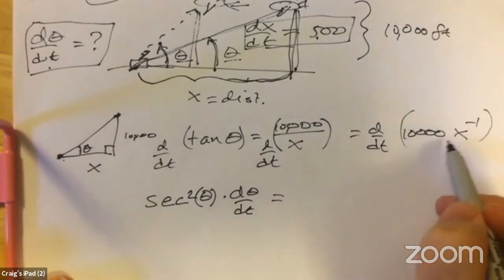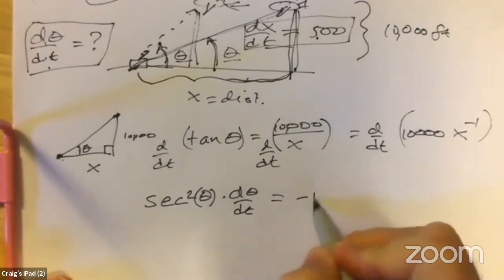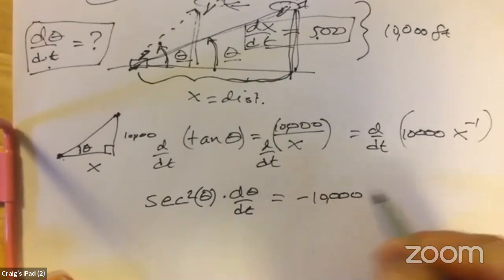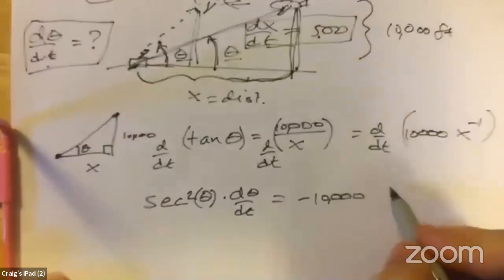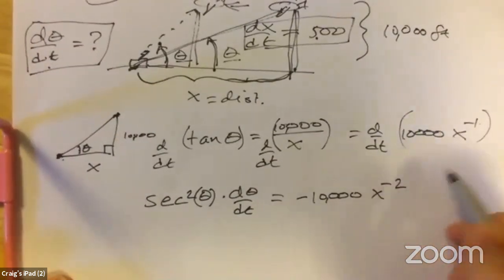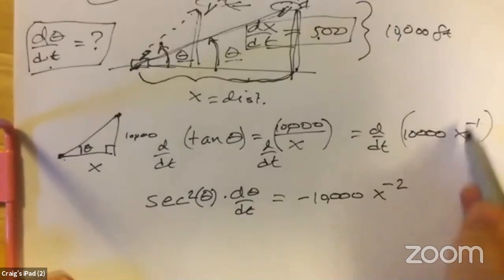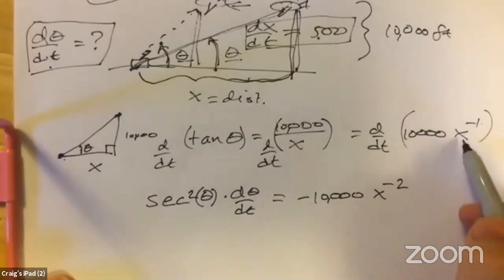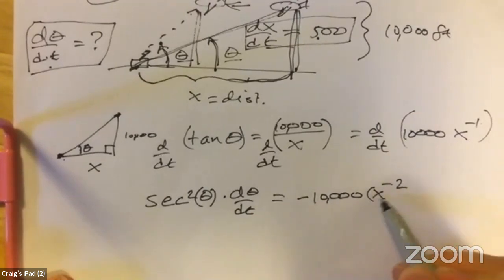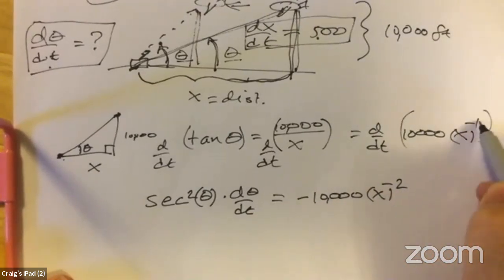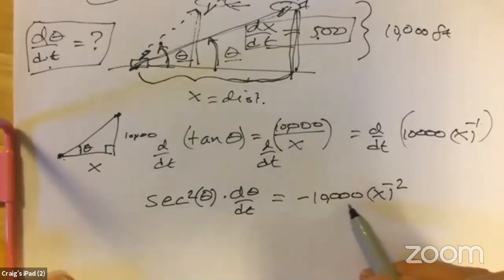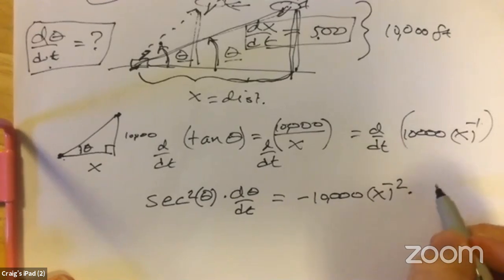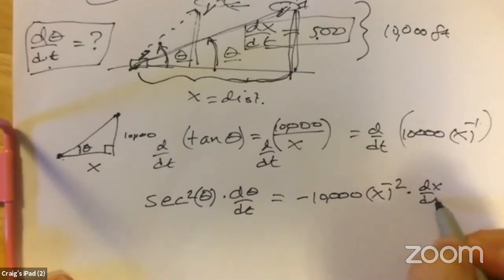So I'm going to go minus 10,000. As the minus 1 comes down, I still have x to the minus 2. That would be the derivative with respect to x, but I'm actually differentiating with respect to t, and x is a function of t. So I have the chain rule in here. So I have minus 10,000 x to the minus 2, and I still have to multiply by the derivative of the inside.